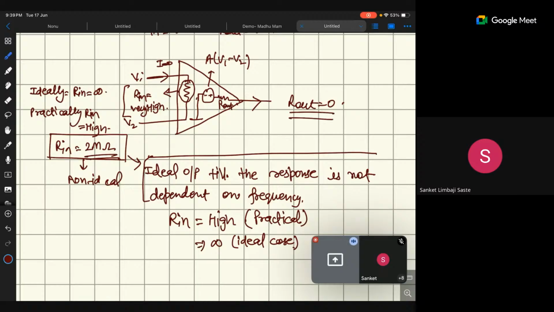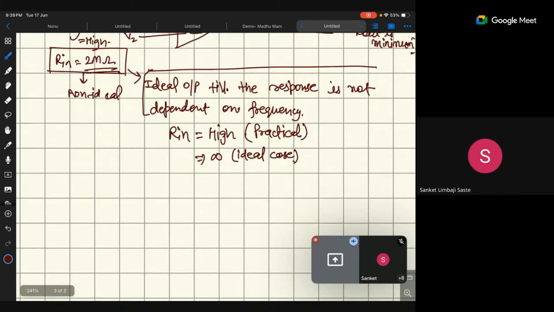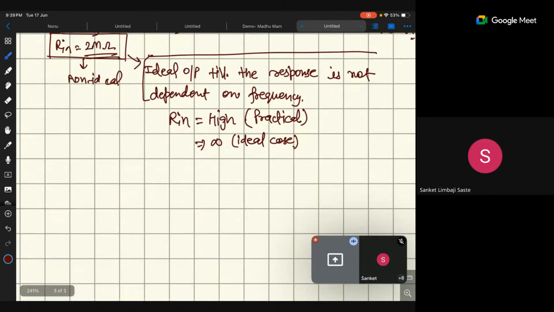Okay, R out is 0. But again, that is the ideal case. Practically, R out is minimum, but that should not be equal to 0.